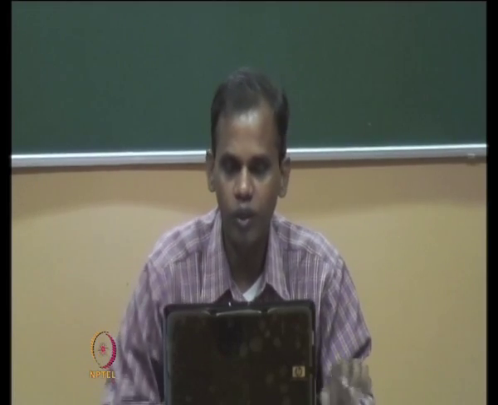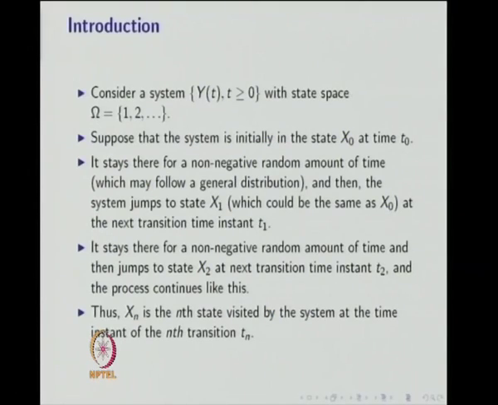Now we are moving into the semi-Markov process introduction. Consider a system Y(t) with the state space Omega. That means Y(t) is a discrete state, continuous time stochastic process.